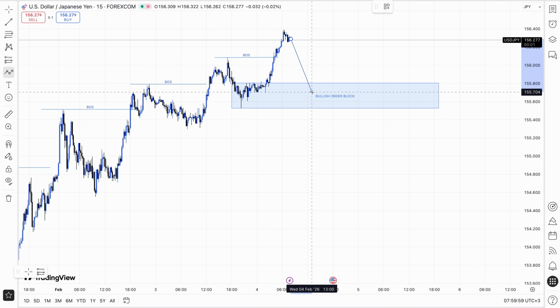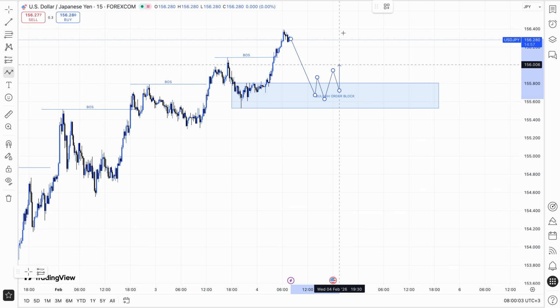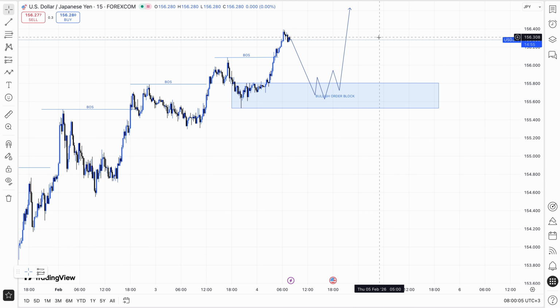We just need to wait for the price to come back here. Then you look for buys. Then you continue up. That's scenario number one. But this is the main scenario.